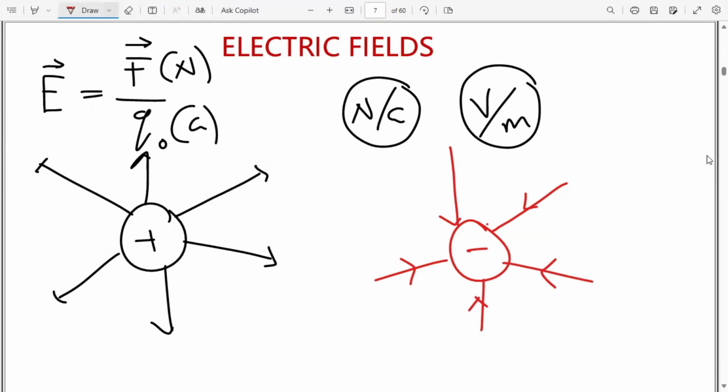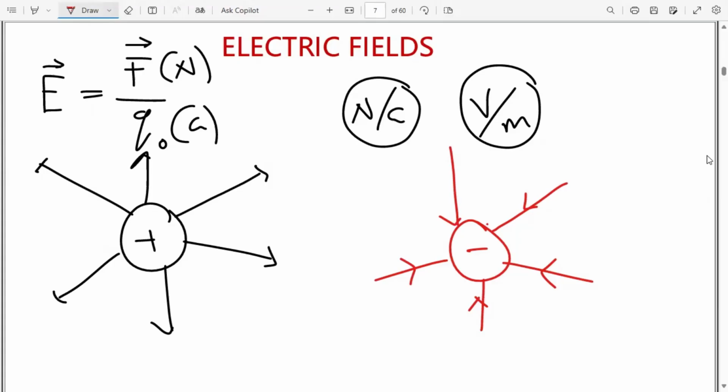That's how we can visibly show and illustrate electric fields using electric field lines. These lines are drawn using a set of rules such that they always start at a positive charge and end at a negative charge, which I've already shown there.